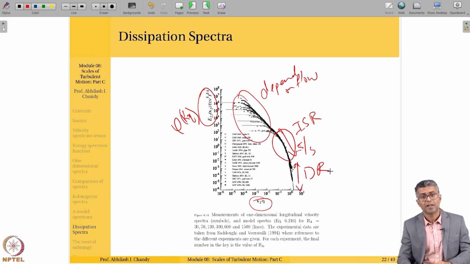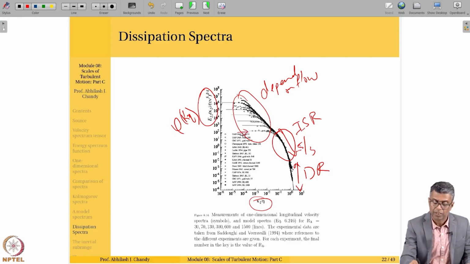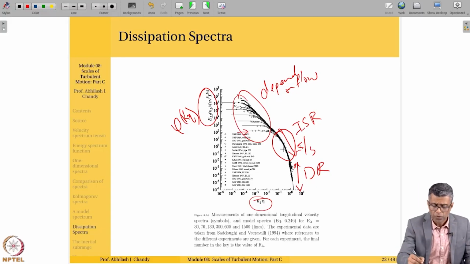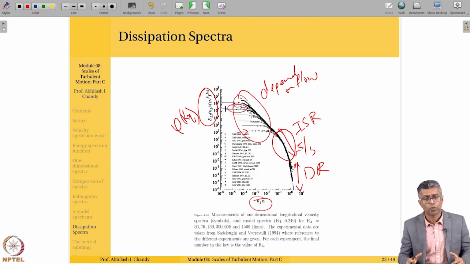And as you can see, there is an excellent match with the data. So this line matches with that data, right? The data associated with it. And it matches exactly. Of course, there are some minor variations here. But for the most part, the model spectra is matching the experimental data very well. And that is the power of this model spectra.